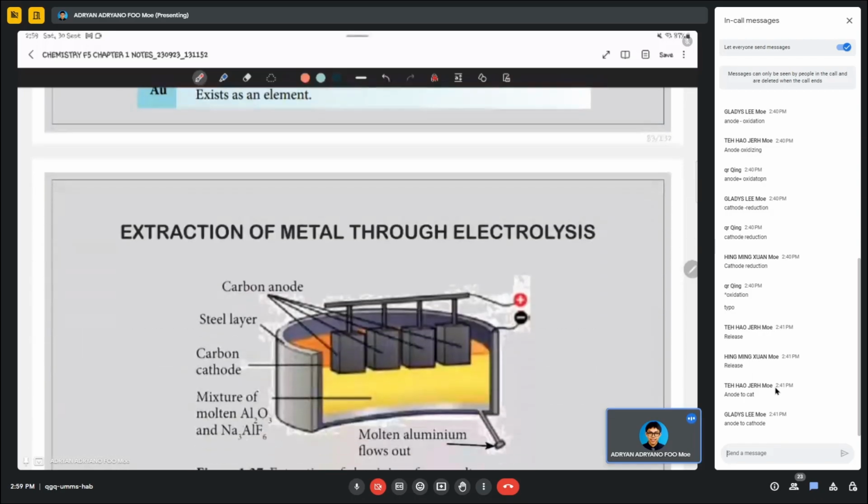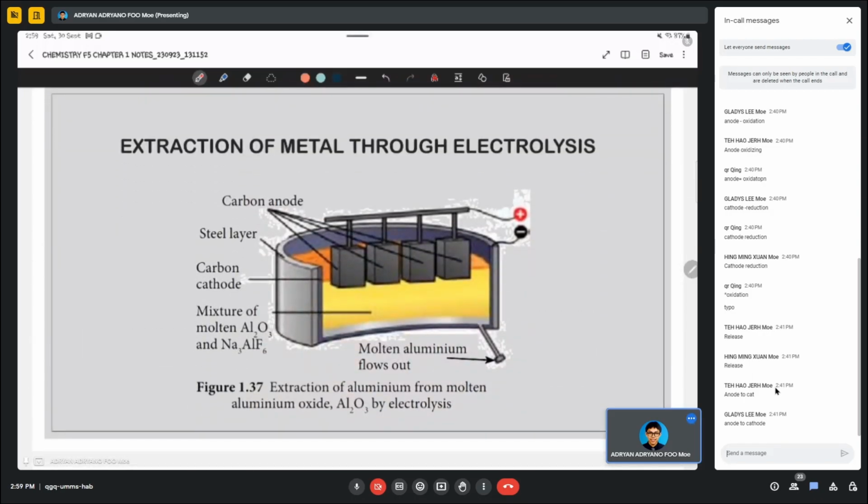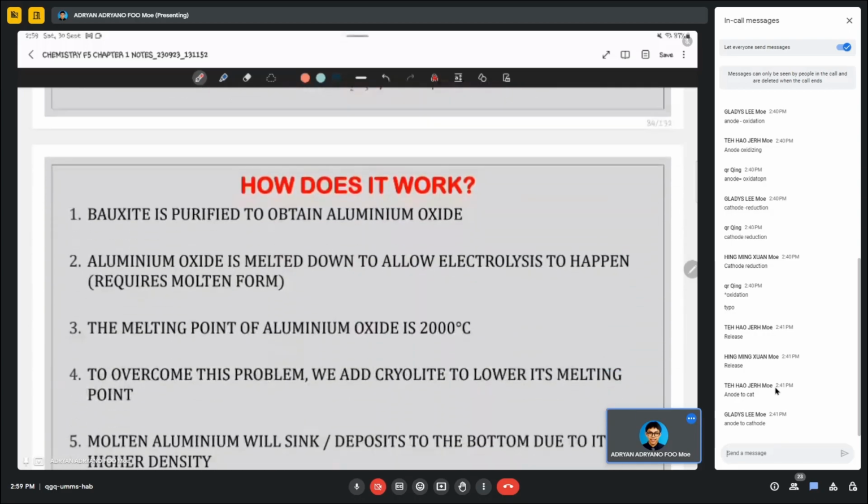Okay, so we see what is electrolysis. This one you need to know what part is which: carbon anode, carbon cathode, where they are, and where the mixture is, the steel layer. Okay, how does it work?